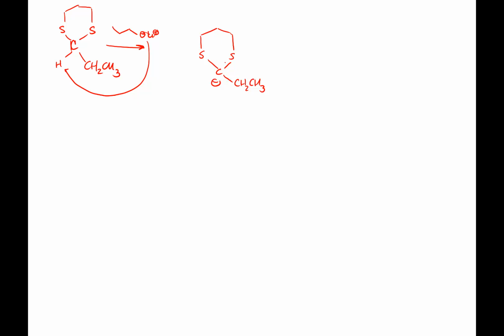I now have my strong nucleophile. What do I want to put on the other side? Now let's put a propyl group. That's now going to come in, do an SN2 reaction, so that now there's an ethyl group on one side, and a propyl group on the other side.